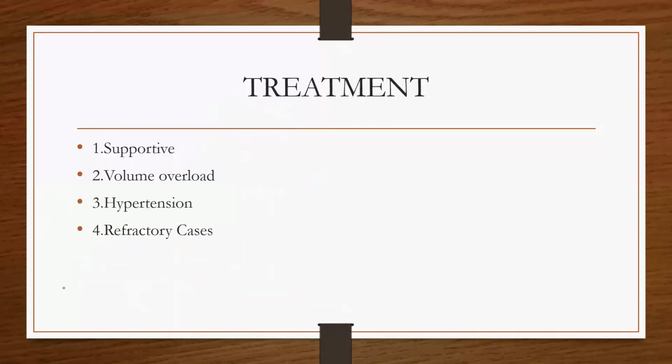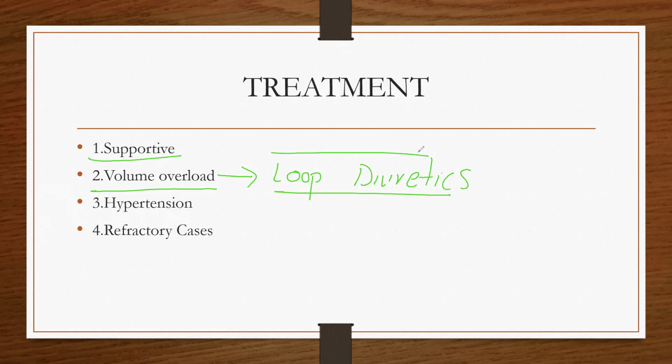Okay, so treatment of streptococcal glomerulonephritis. Supportive: volume overload is treated by loop diuretics, that is very high yield. Loop diuretics.